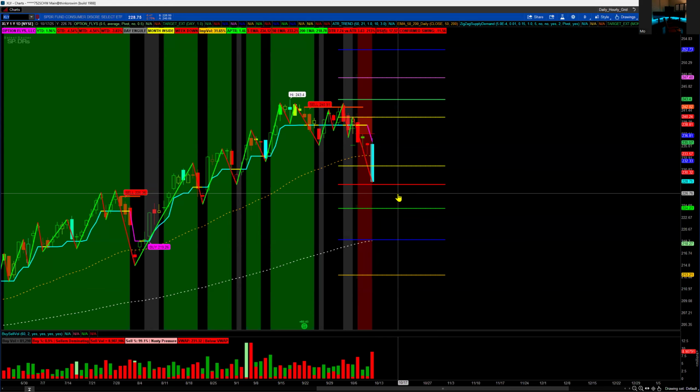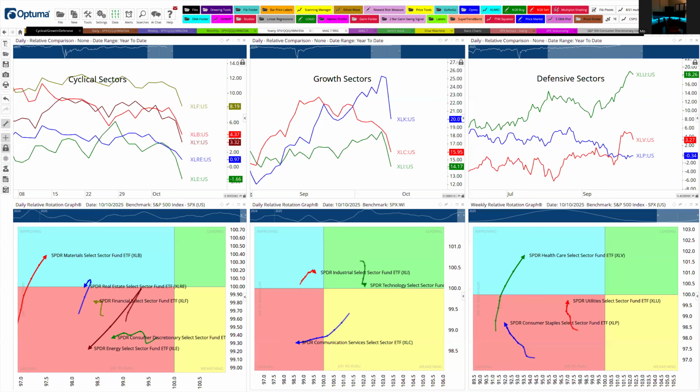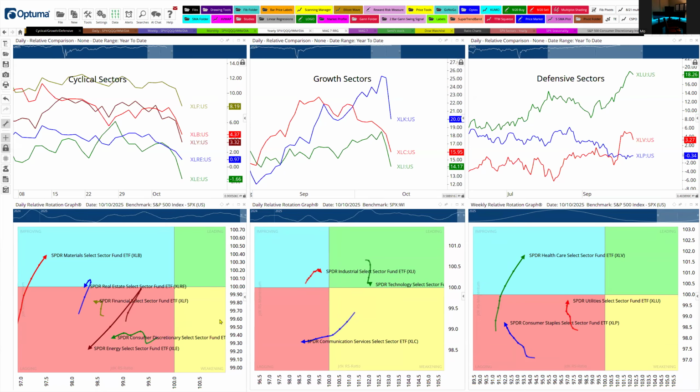The rotation will confirm. The rotation confirmation is earlier than when the crowd comes in. I guarantee you that. People see that. I'm not saying that people like Scotty have this. He sees all this, but he doesn't have the settings that I have to run these scans.